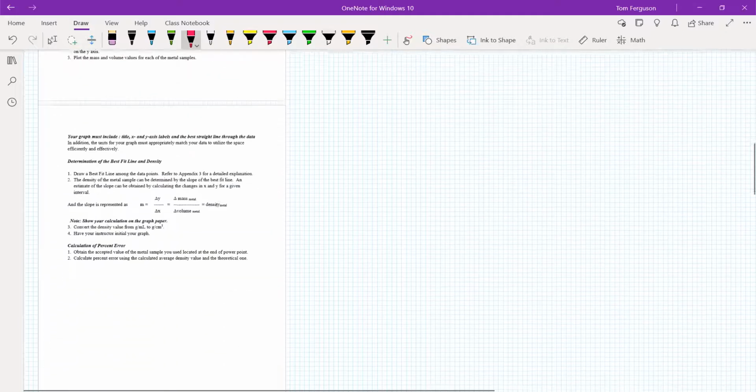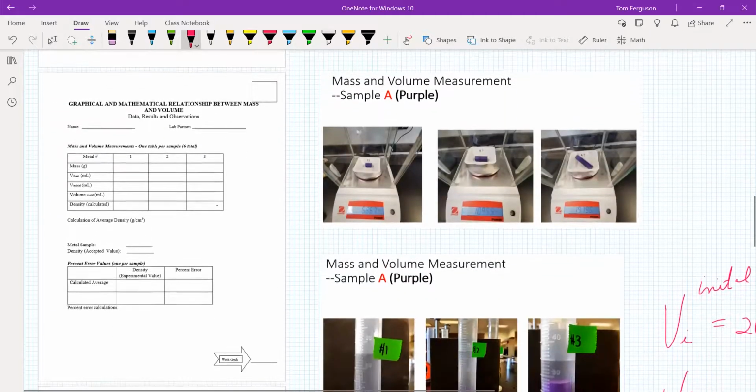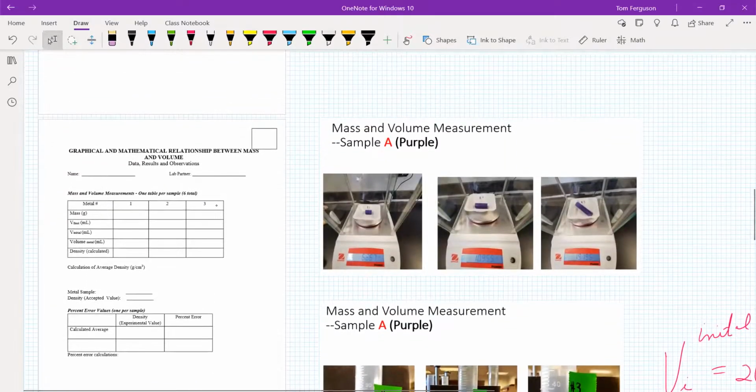So you're going to have 6 samples. You need 6 of these, one per metal. And we're going to do it 3 times and then average the results.